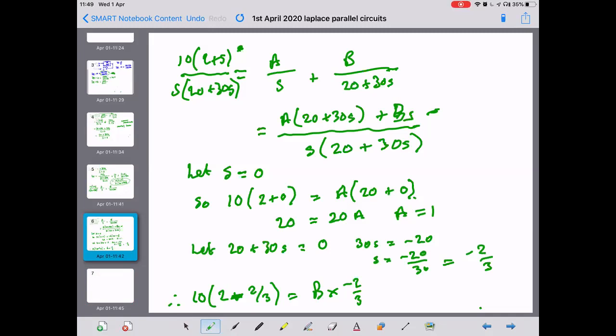I find it easier just to put it all in the calculator. So 10, and then divide that by minus 2 over 3.